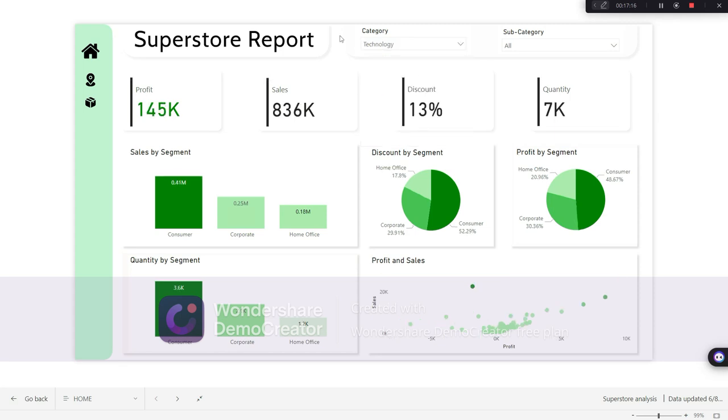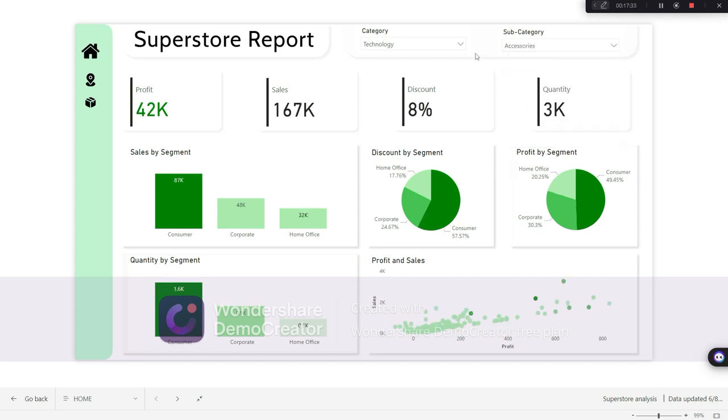Now the technology category. We made overall 145K profit on 7K quantity. In that, accessories has a contribution of 42K on 3K quantity.